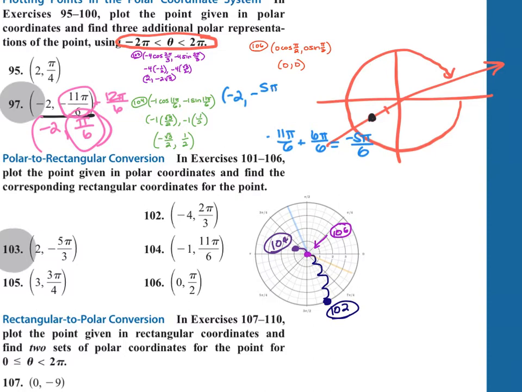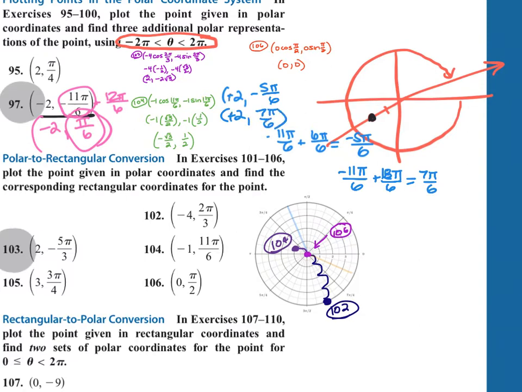From my original angle, which is 11 pi over 6, you're adding odd multiples, so I would add 3 pi, which would be 18 pi over 6, and I'd end up with 7 pi over 6. And there's the last option, 7 pi over 6, and it would be positive.